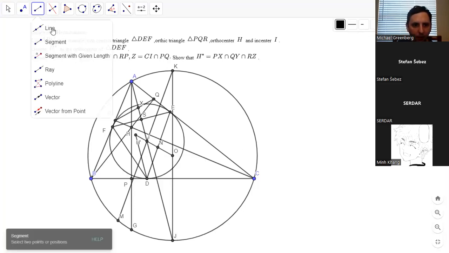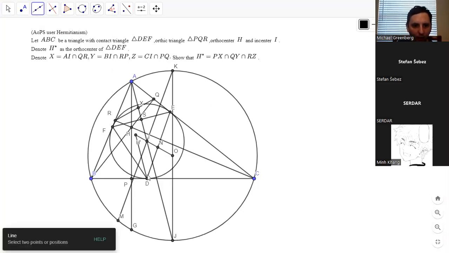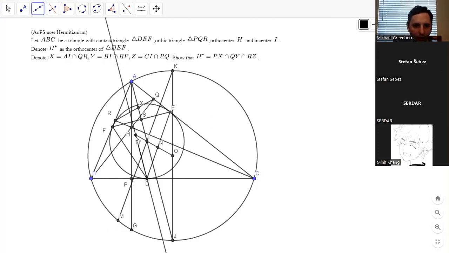Did you say DH prime and AM? It's probably not useful. I was just curious. Is it on the incircle?